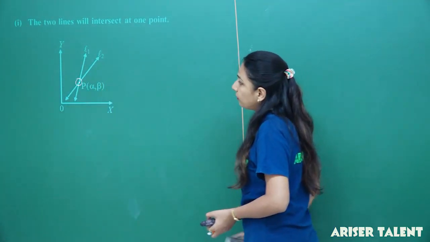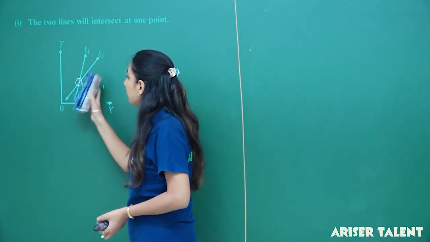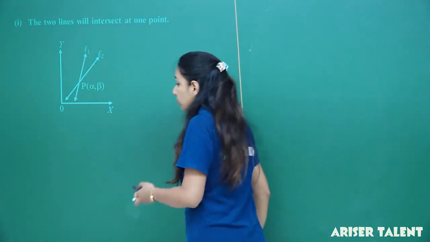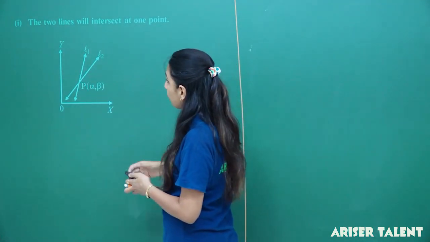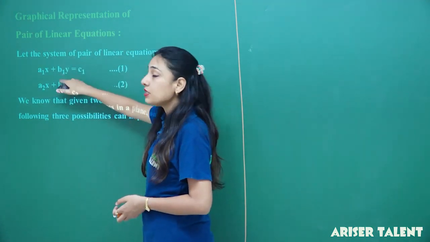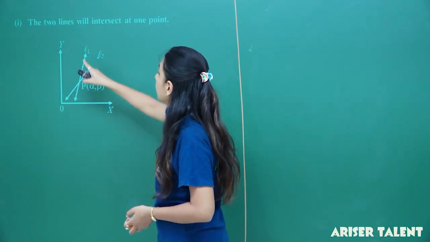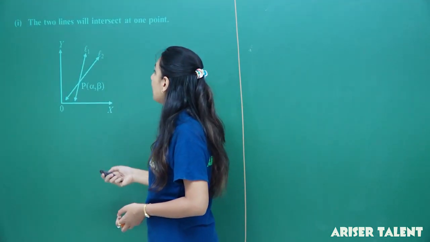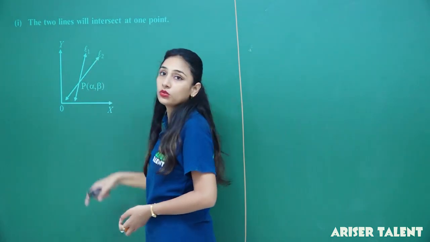The solution of the particular point can be met in this plane. This is the one condition. Now students, we are having these two equations. This first equation's graph is denoted by L1 and the second equation's graph is denoted by this L2.